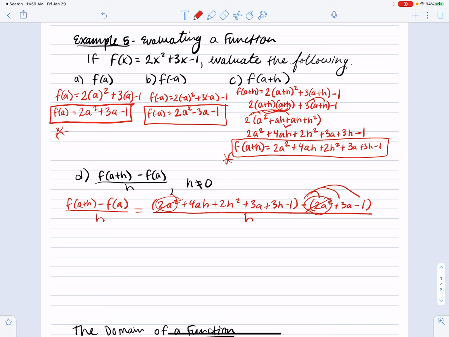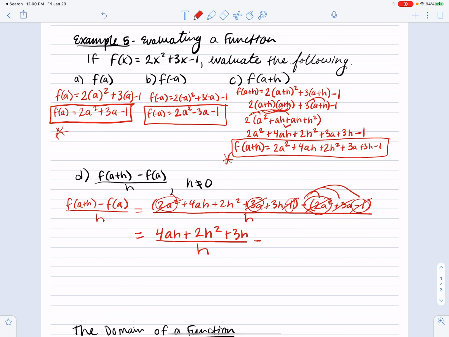And then this 3a minus 3a, those go away. And then this negative 1, and then this becomes plus 1 over here, so that goes away. So actually what we're left with is 4ah plus 2h squared plus 3h and that's it on the top, divided by h.